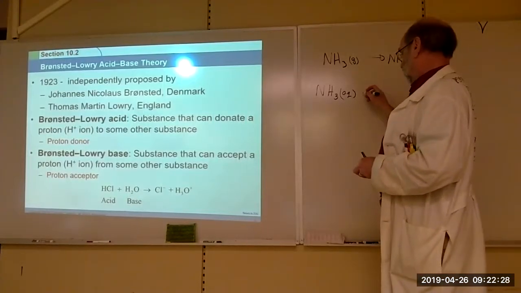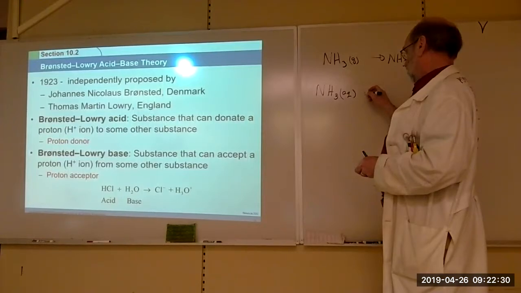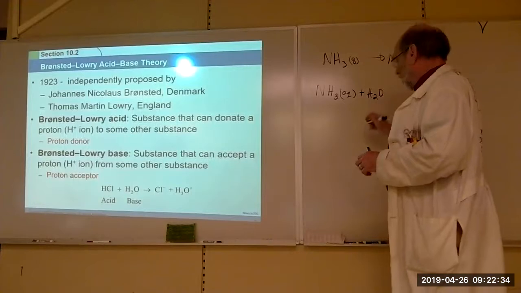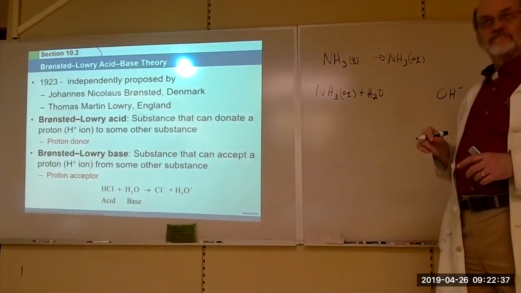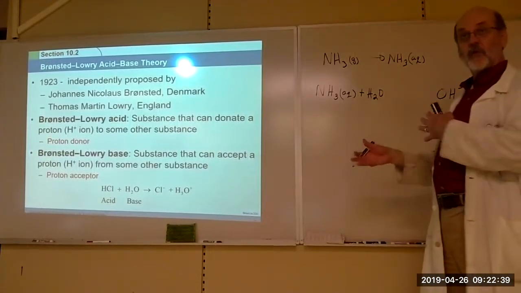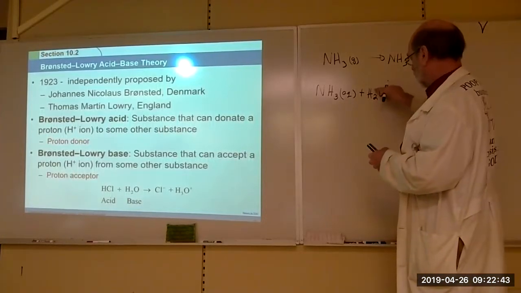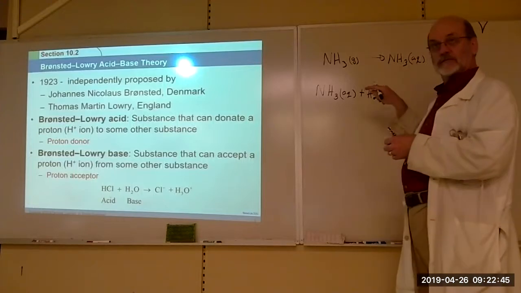Well, this is what we think happens. Water is the dominant species, so it's likely that it reacts with water. And when it does, it picks up a proton from water.